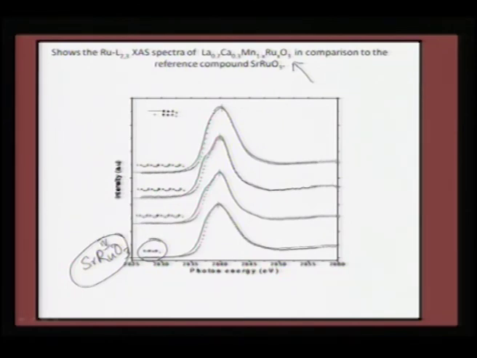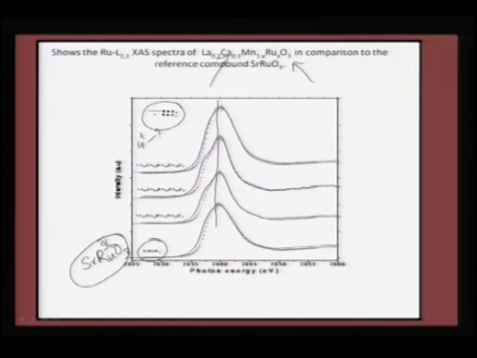If you make a comparison with that, you can clearly see in the ruthenium L2 L3 edge that there is a shift above ruthenium 0.2 in these compositions. So, therefore, the ruthenium valency seems to be varying from 4+ to some other valency, which is actually contributing to stabilizing the ferromagnetic interaction.